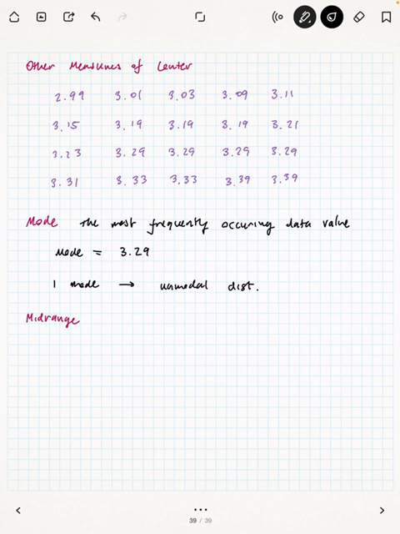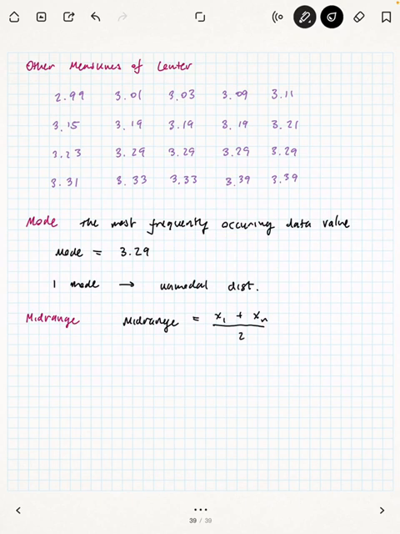So here's the idea. The mid-range is the sum of the first value and the last value, so x sub 1 and x sub n, divided by 2. It's the arithmetic mean of just those two.